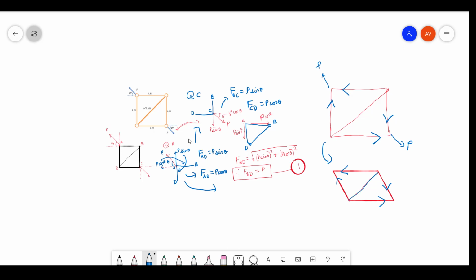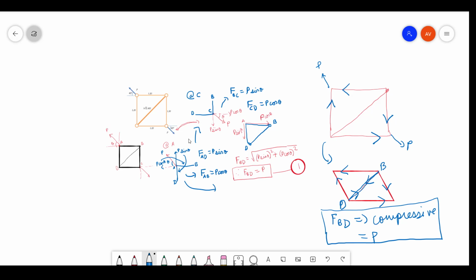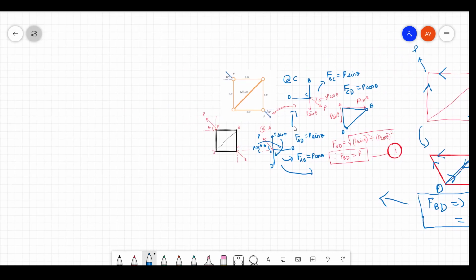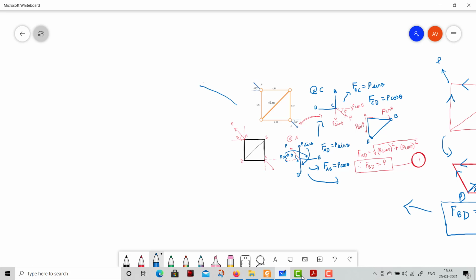Here you will get a compressive force in this particular member. You have B and you have D. Your FBD is a compressive force, which is equal to P. Now let me draw this again.